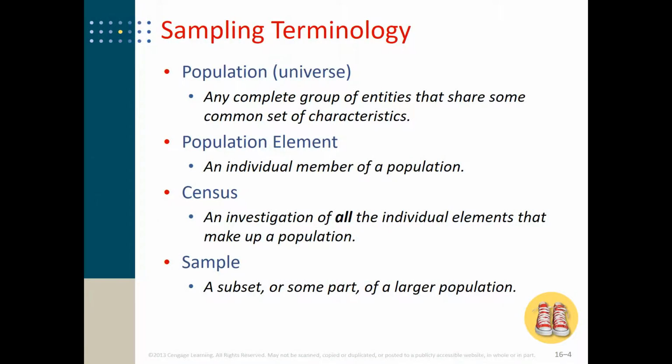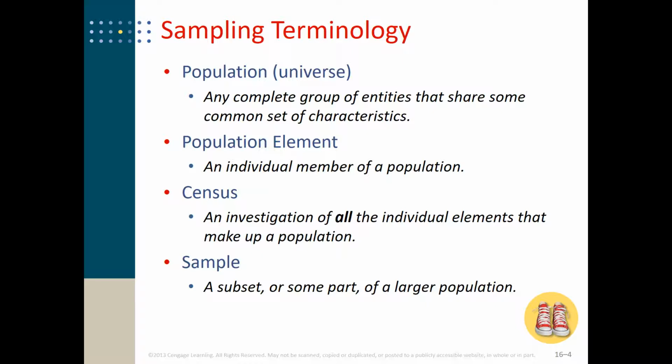So I'll start with sampling terminology. Population, population element, census, sample, what do we mean by them? When we say population, we actually refer to a complete set of phenomena, a complete set of entities. For example, students, managers, politicians, journalists, teachers. So these are populations.